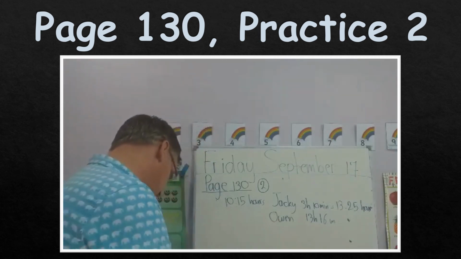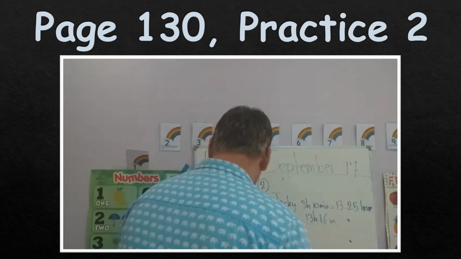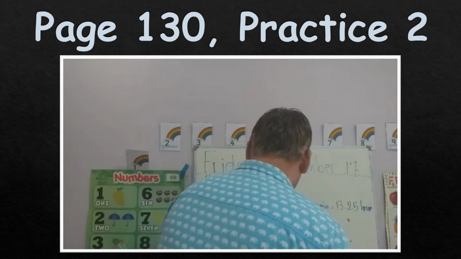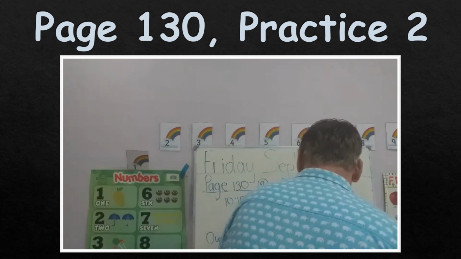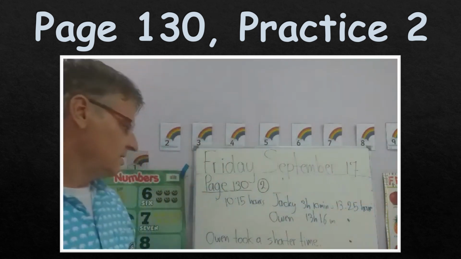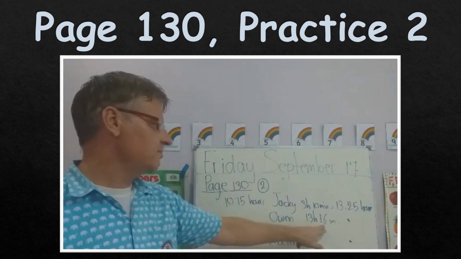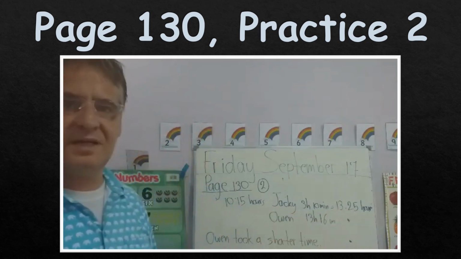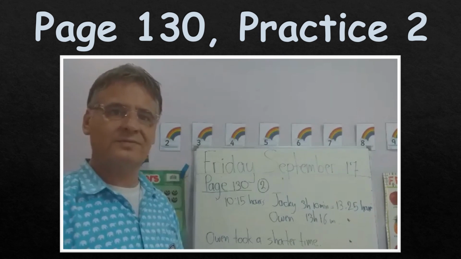So the answer is Owen took a shorter time. Owen took a shorter time because Owen took 13 hours and 16 minutes and Jackie took 13 hours and 25 minutes. So, that's number 2 also solved.